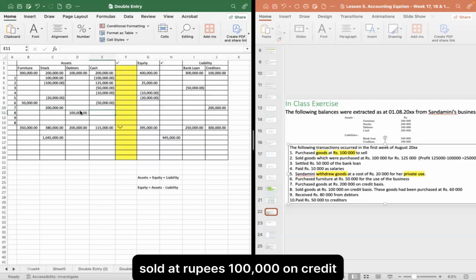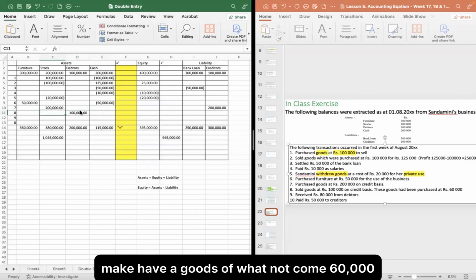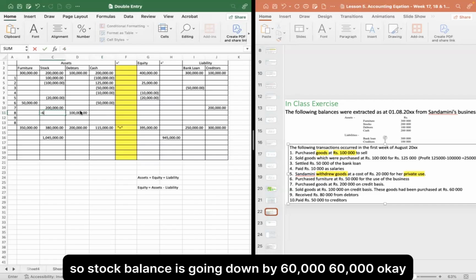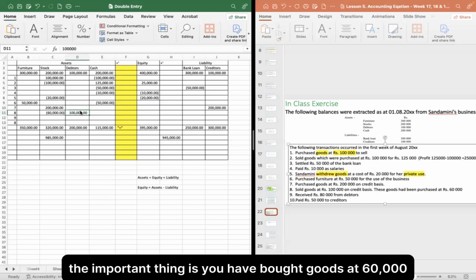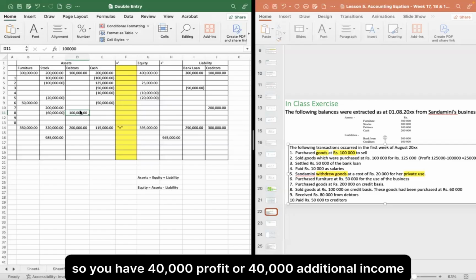Sold at rupees 100,000 on credit, and these goods have been purchased at rupees 60,000. But the value of the goods is 60,000, so the stock balance is going down by 60,000. The important thing is you bought goods at 60,000 and sold them at 100,000. So you have 40,000 profit, or 40,000 additional income.